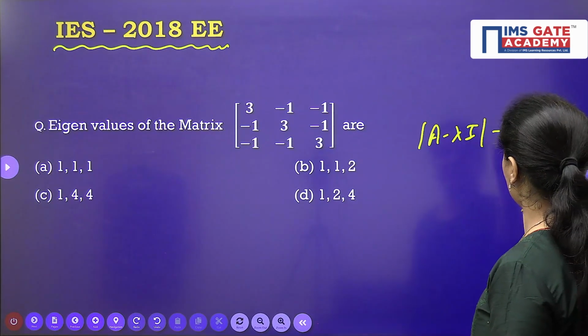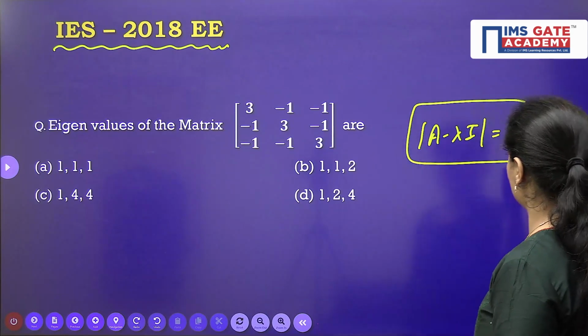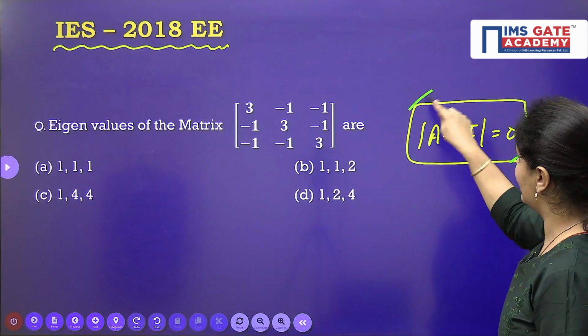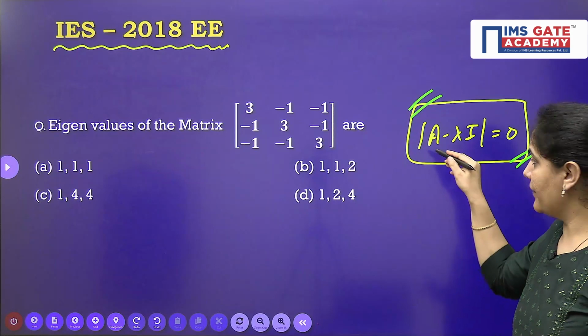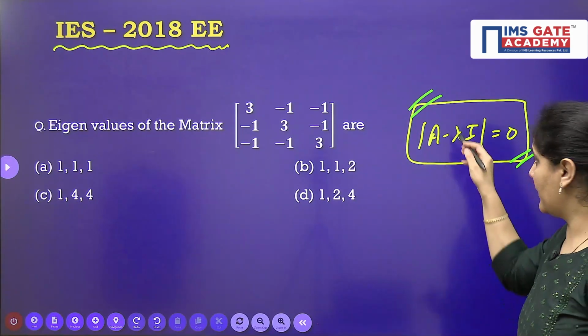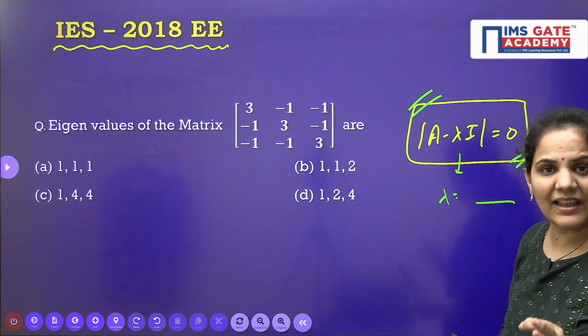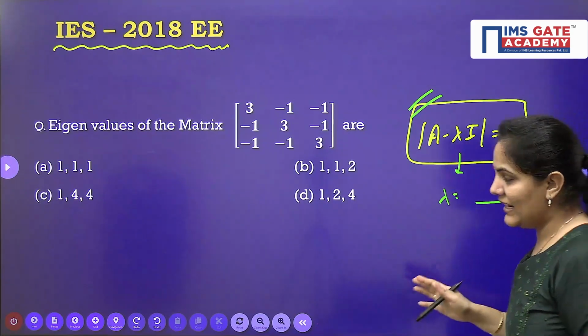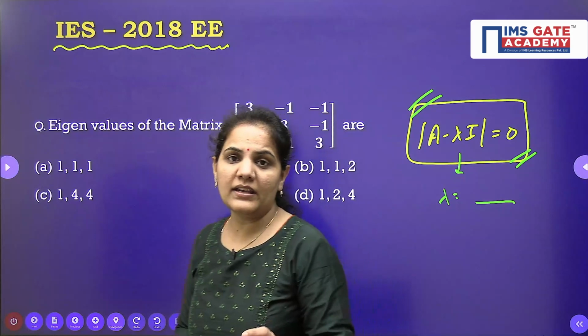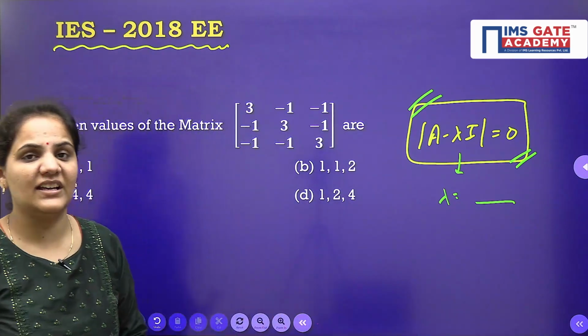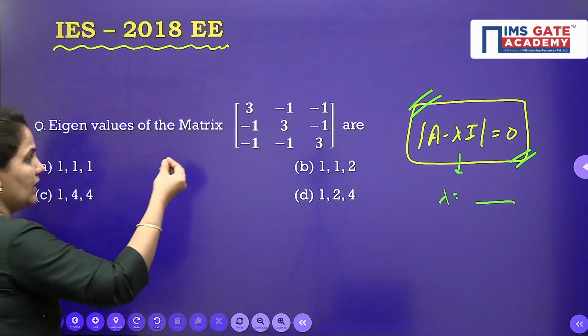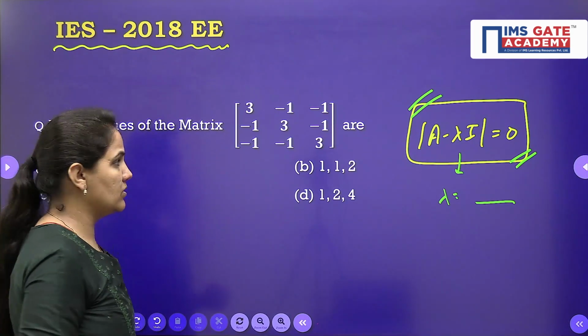If you follow the characteristic equation, which is the traditional method of finding the eigenvalue, |A - λI| = 0, from here you will find the value of lambda, and that lambda is called the eigenvalue. But it's a very lengthy method. If you follow my trick, it will take only 10 to 15 seconds to approach this one.